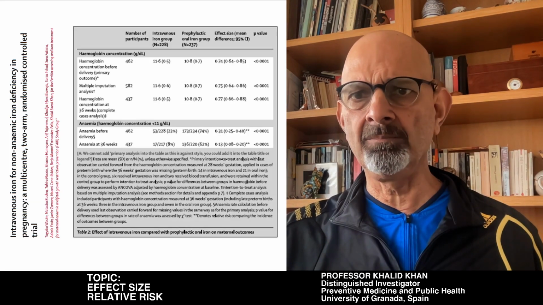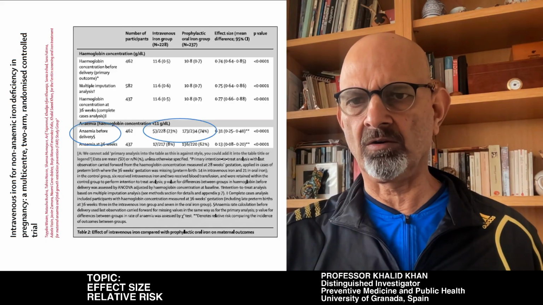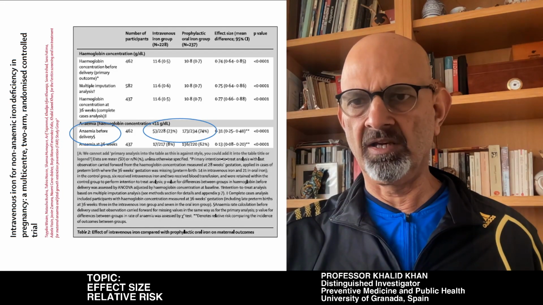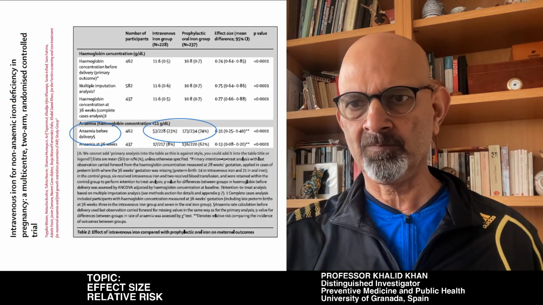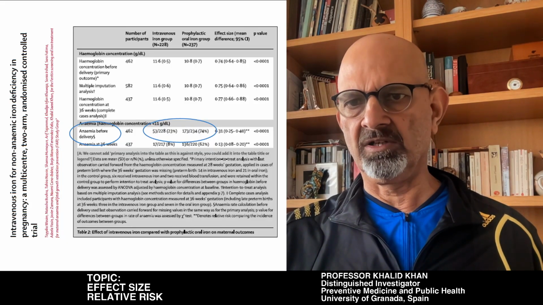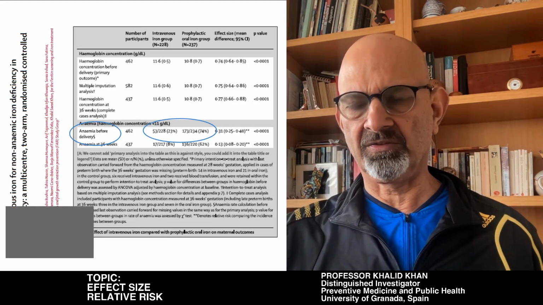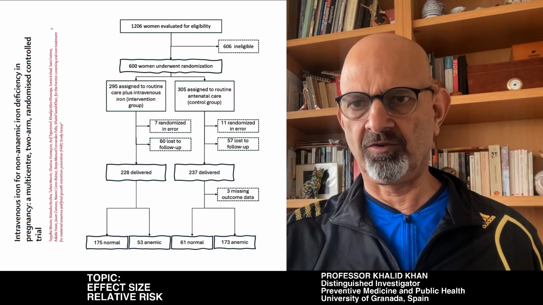The outcome data may or may not be in the flow diagram, but there will be a table of results where you can obtain the numbers with anemia, which allows us to calculate the numbers arriving at the time of delivery healthy without anemia. And this is the rectangle of our flow diagram.